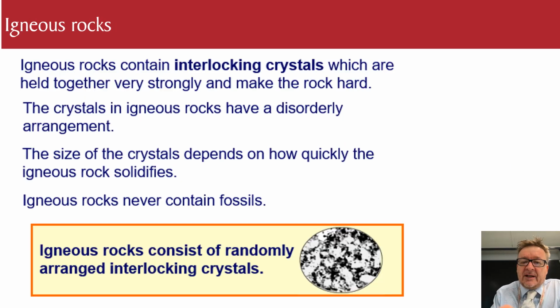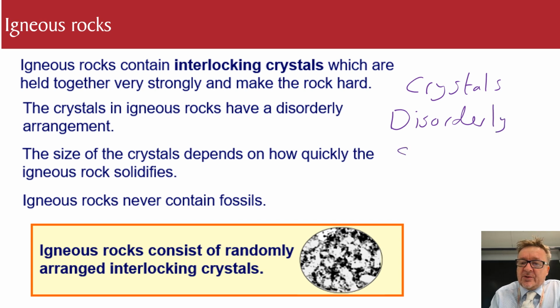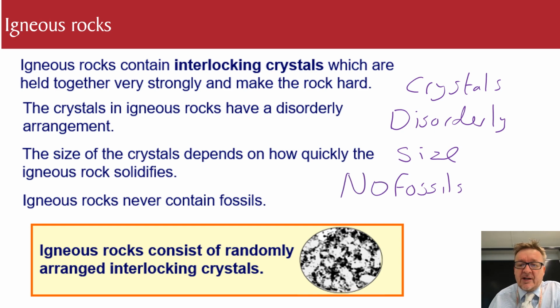Igneous rock has crystals again, but this time the crystals are interlocking and disorderly, all over the place. I talked earlier about the size of the crystals: big crystals form when it cools down slowly, small crystals when it cools down fast. Igneous rock will definitely not have any fossils because it has been exposed to very, very high temperatures.